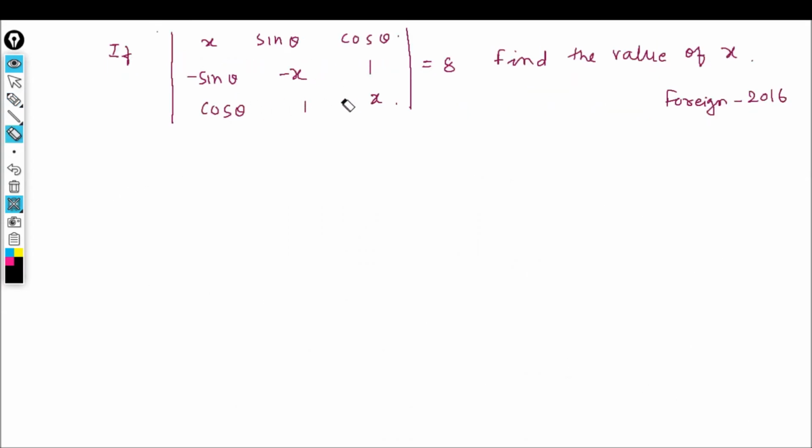So let us expand this determinant along first row.